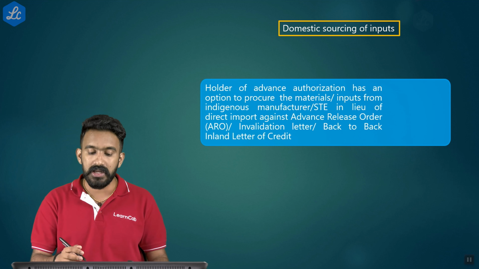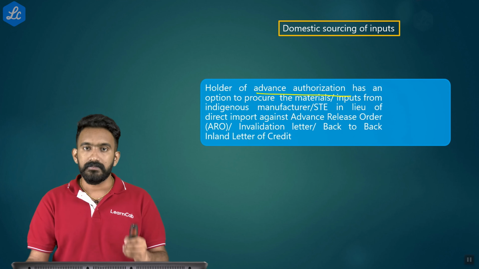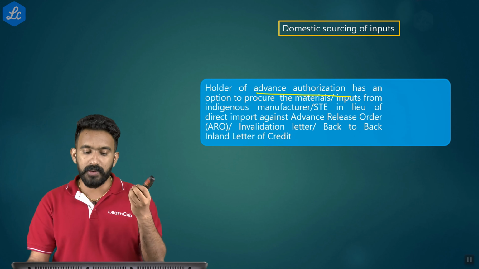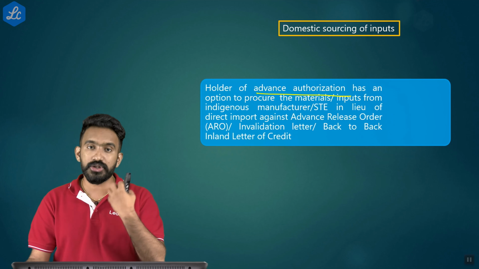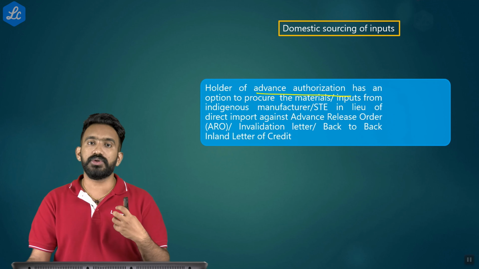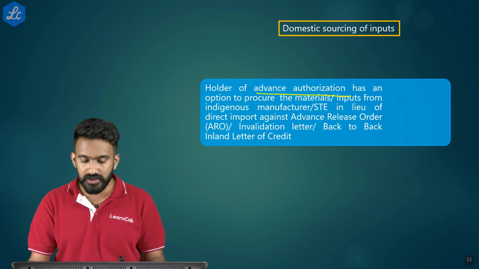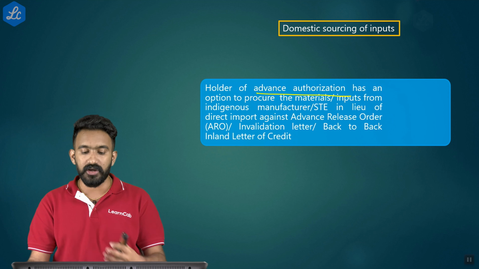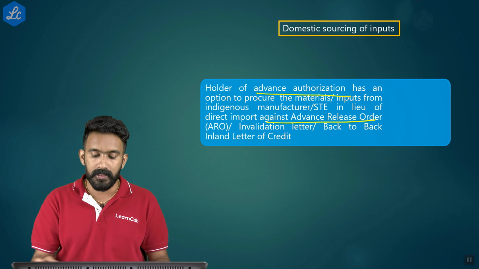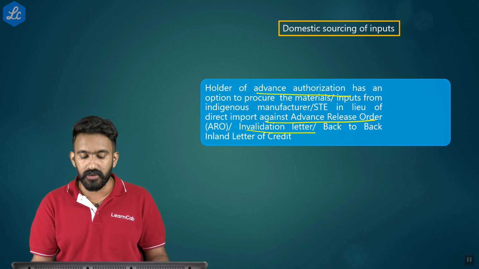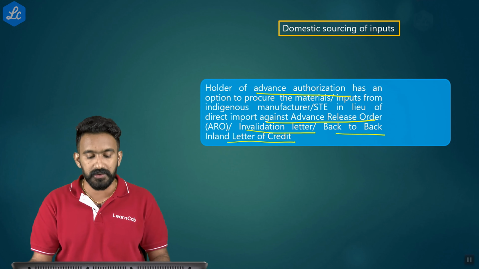So you do have a mechanism where an advance authorization holder who wants to take certain goods as inputs within India can also do it, through an STE also. Instead of direct import under advance authorization, you can do it against an advance release order, invalidation letter or back-to-back inland letter of credit, wherein you get the same option of duty freeness.